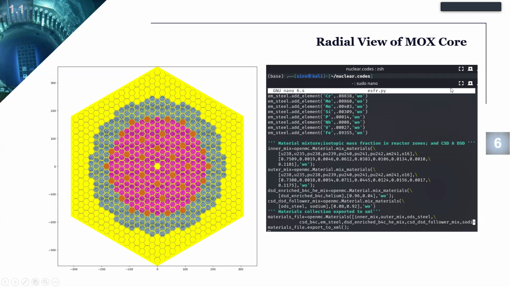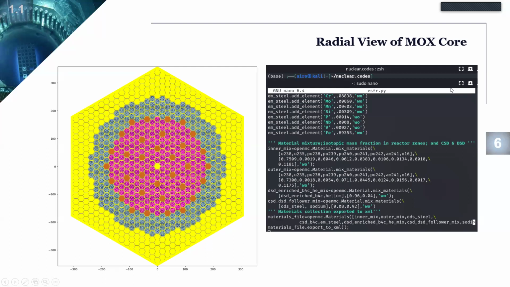So the control shutdown devices constitute 24 subassemblies actually. There are 18 subassemblies at the boundaries between the outer fuel zone and the inner fuel zone. And then immediately after the reflectors, we also have a ring constituting 6 subassemblies that are stuffed with absorber materials for the control shutdown devices.